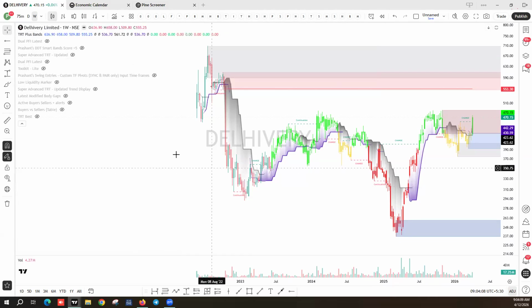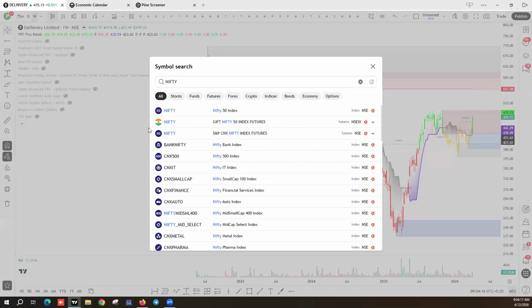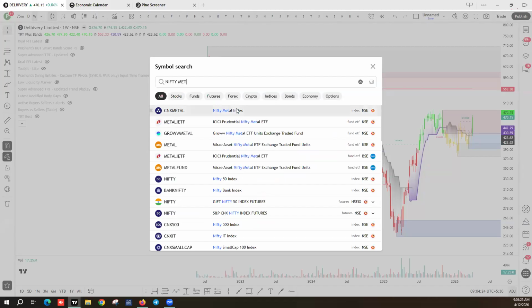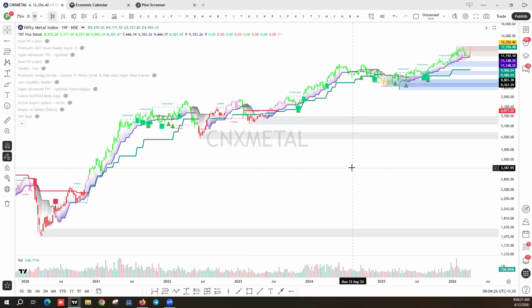Do we have a sectoral index for steel? I think so, in metals, the Nifty Metal Index. Yeah. If you notice, the Nifty Metal Index is up since many days.